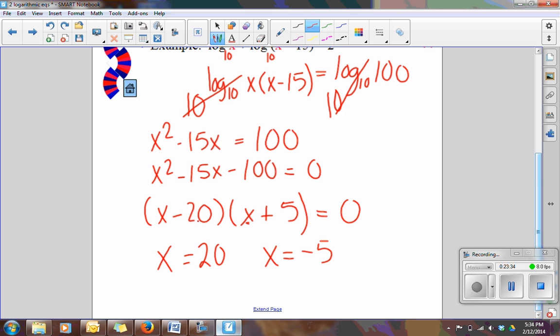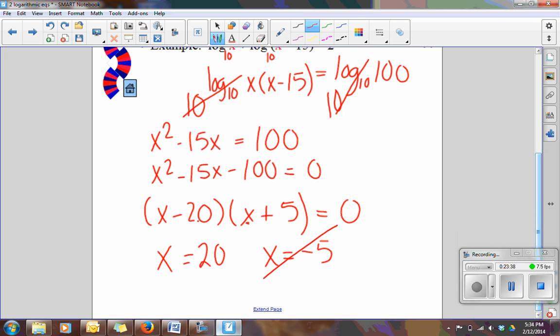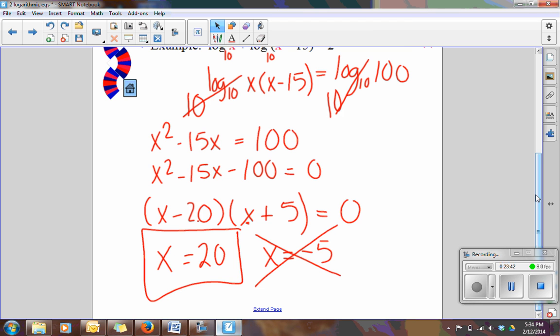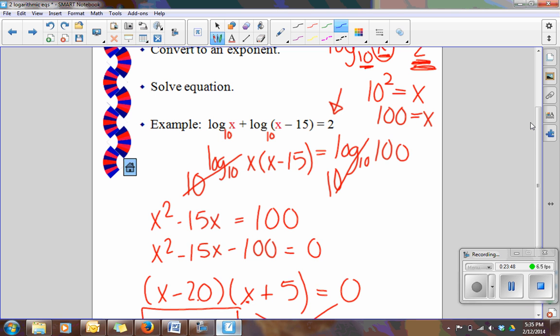So this part is really, really important. X equals negative 5 is actually not a solution. Our only solution is x equals 20, because we can never have a logarithm of a negative number. So go back to the original equation. Look, we have log of x, and we have log of x minus 15.